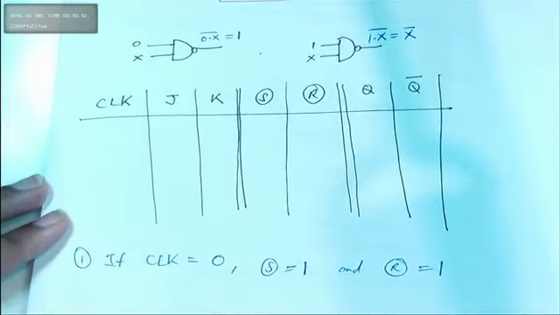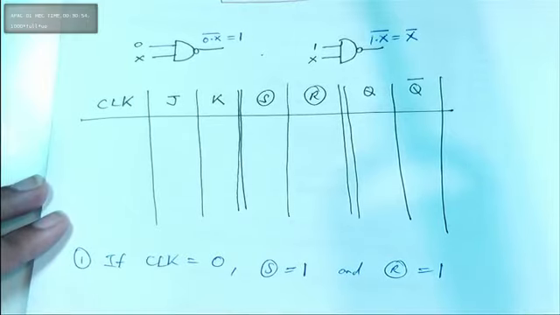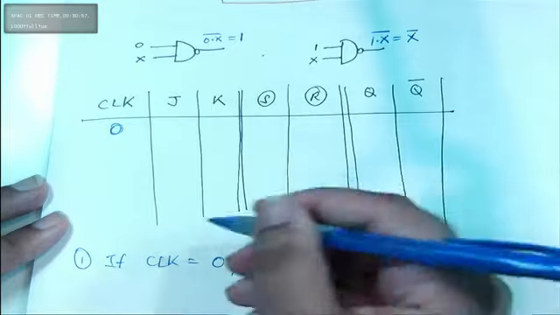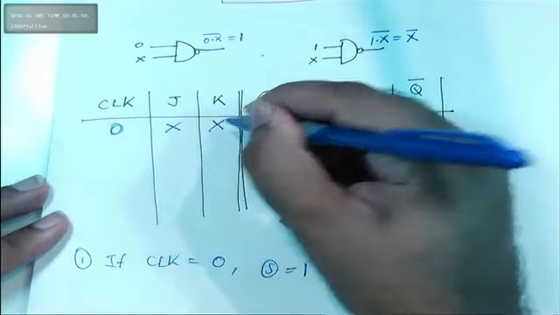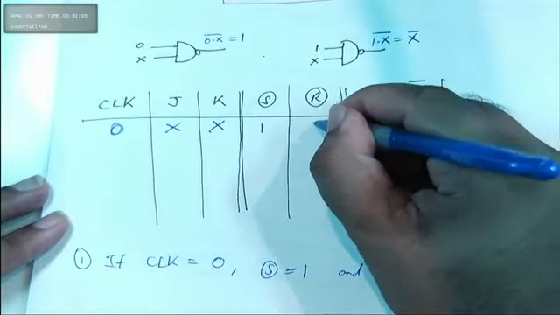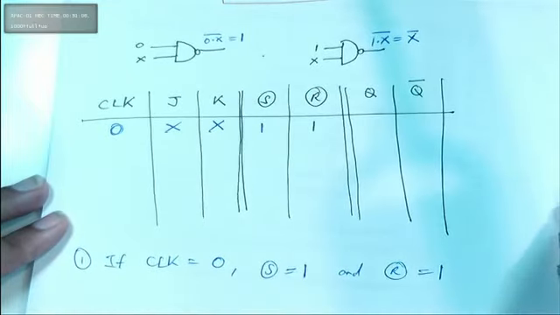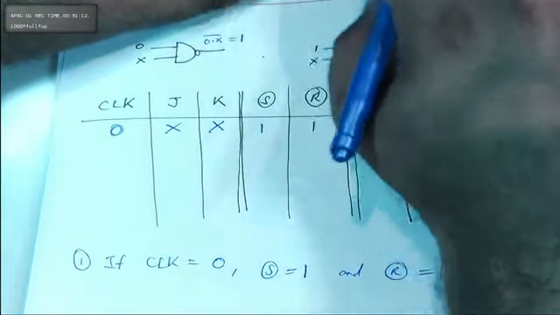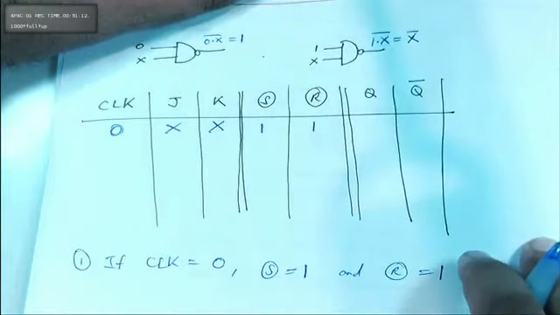Hey, that's starting to look very similar to our SR flip-flop, remember? If clock is equal to 0, it doesn't matter what J and K are. We know S circle and R circle will equal 1, 1. And remember, this becomes the SR latch.